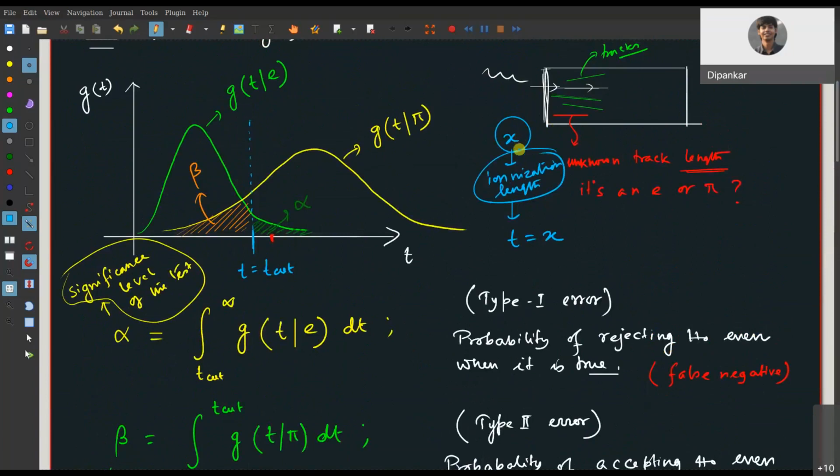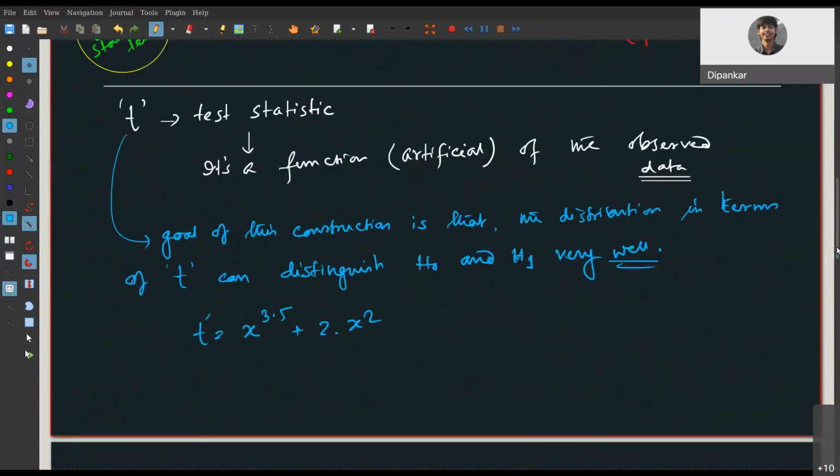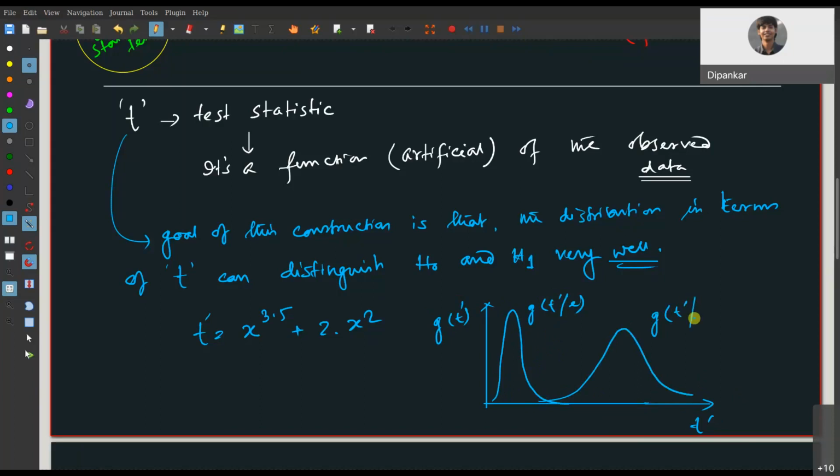And in terms of this t prime, if you change your variable, you will have a new distribution g of t prime. So you will have a g of t prime if electron is true, and let's say this is my g of t prime if my pion is true, in terms of this new test statistic.